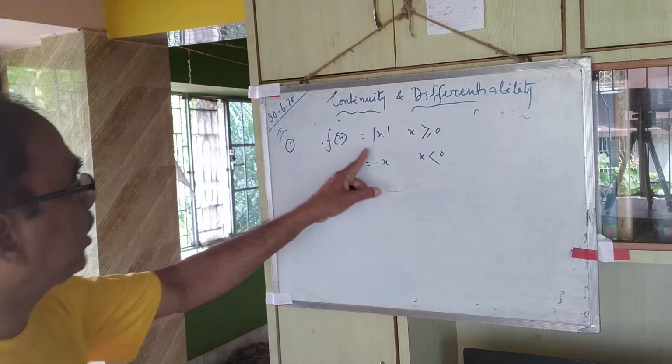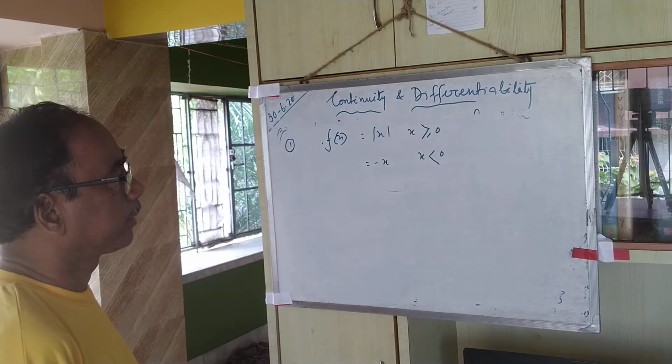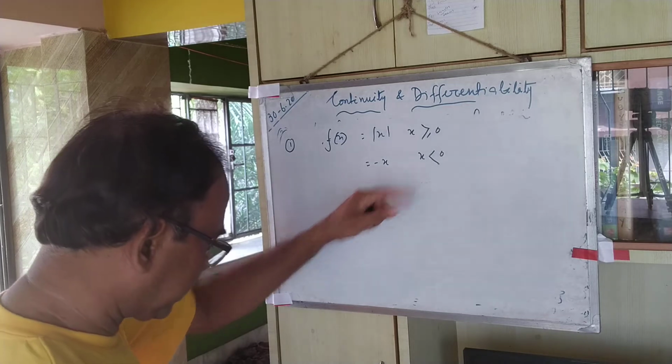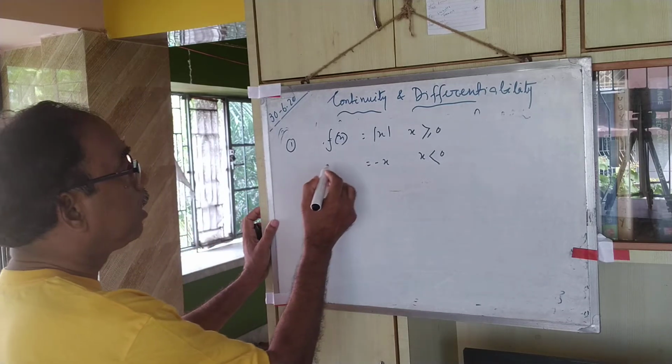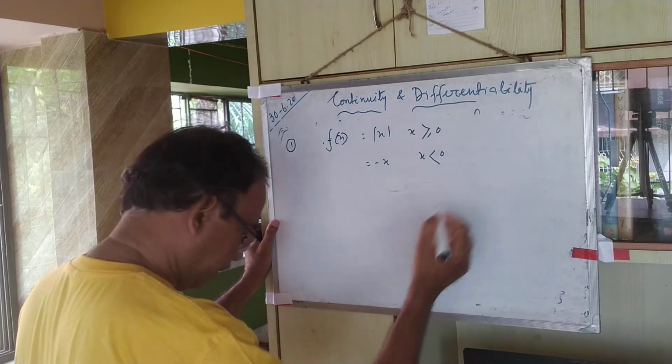This is a function where f(x) is mod x, and minus x when x is less than 0. We can prove continuity or differentiability.